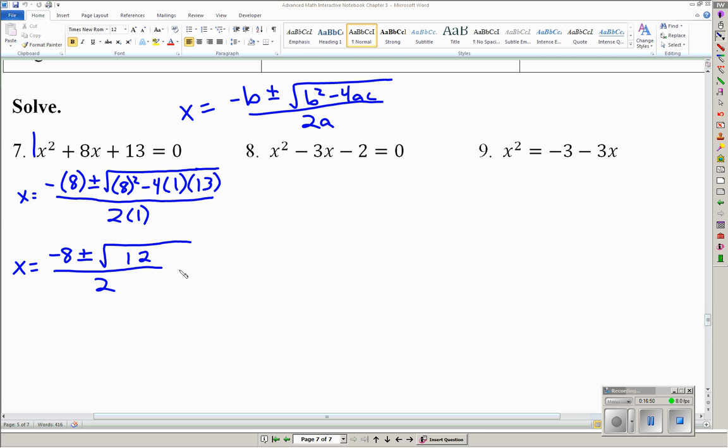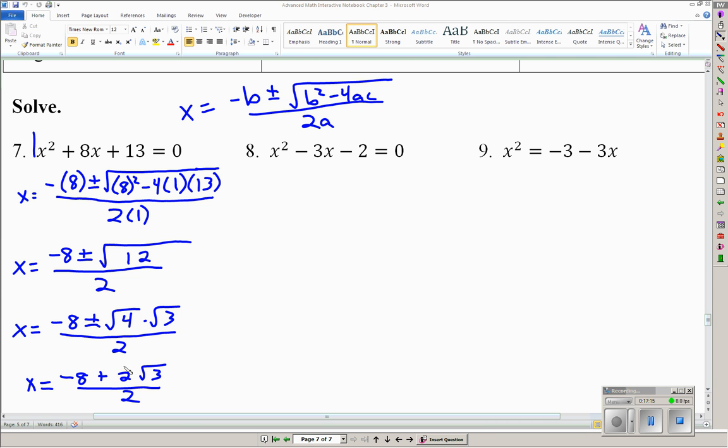Now, 12 might be able to simplify, so let's do that. Negative 8 plus or minus the square root of 12. 4 is a factor of 12, and 4 is a perfect square. And the square root of 4 is 2. So we get negative 8 plus 2 square root of 3 over 2.